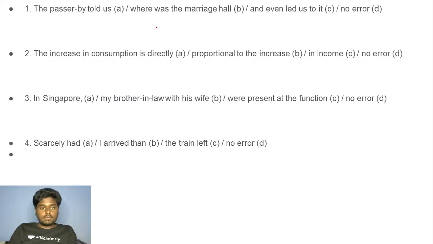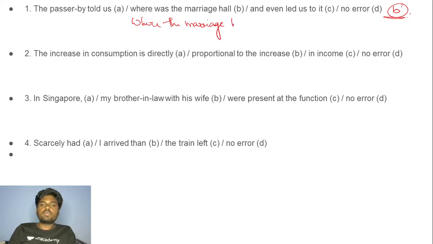So the error is with option B. How should it be exactly? Listen, the passerby told us where, it should be like what? Where the marriage hall was.